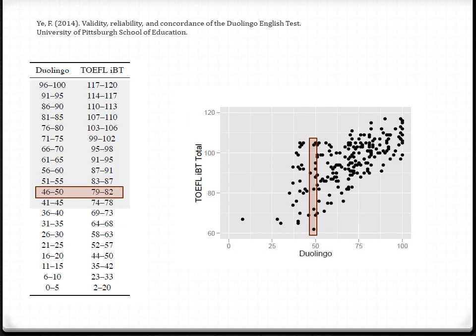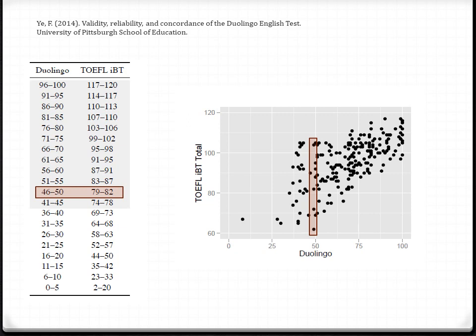We could tell our admissions office all about concordances and things like that, but showing them this chart is much better. For example, look at all these people who got higher scores on the TOEFL who would not be admitted if we chose this cutoff. Look at all those people with higher scores who got very low scores on the TOEFL.